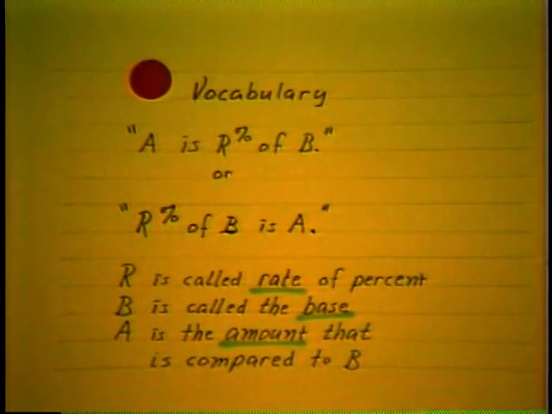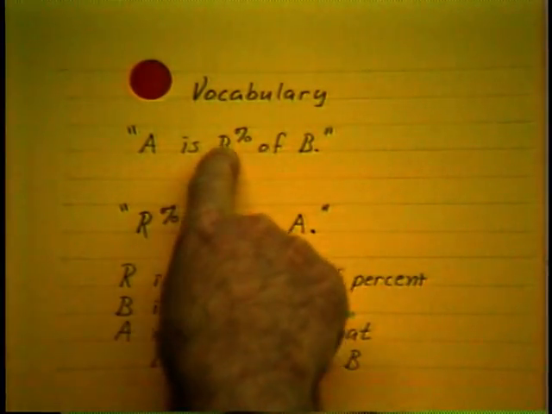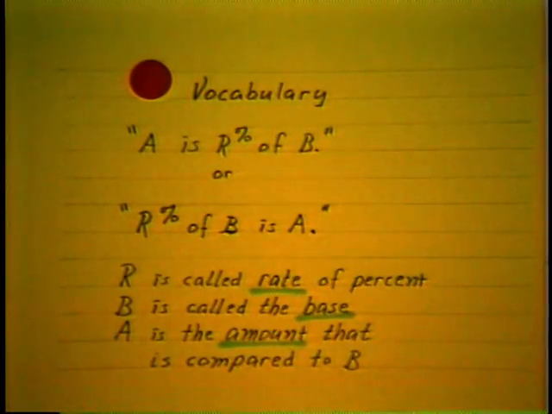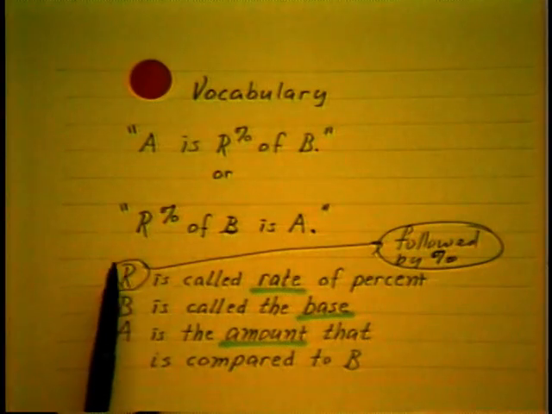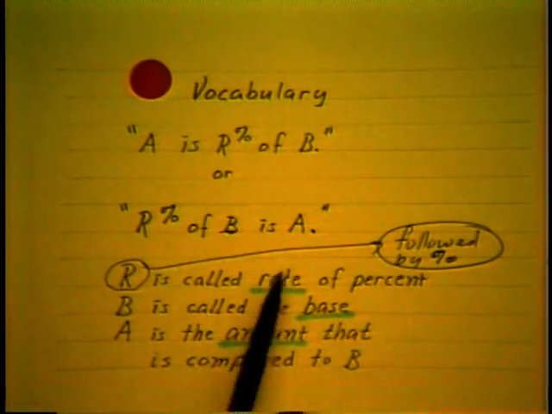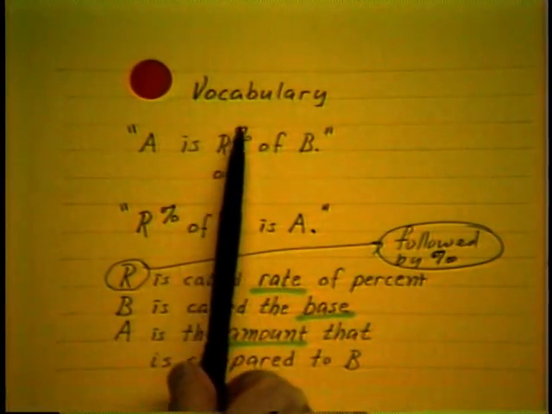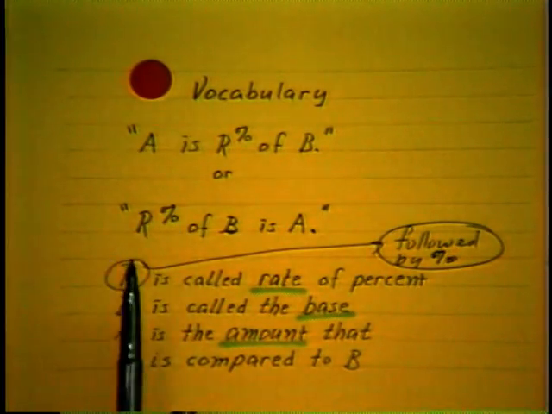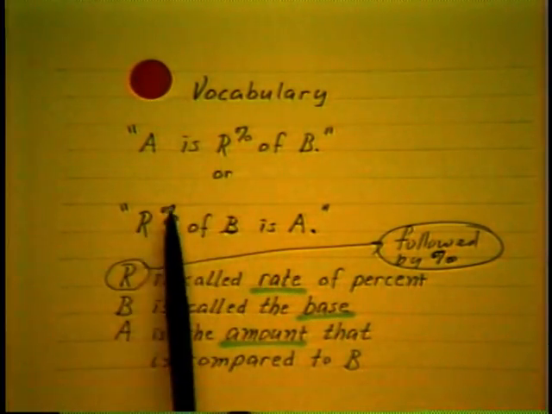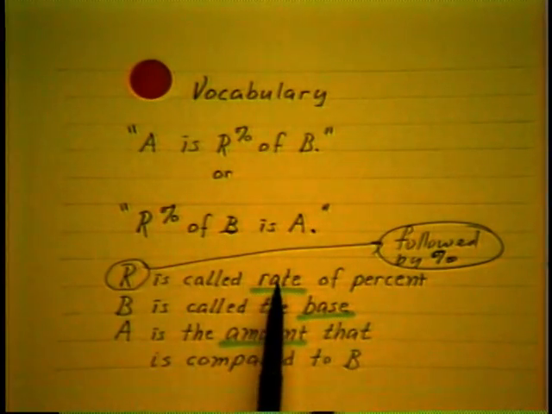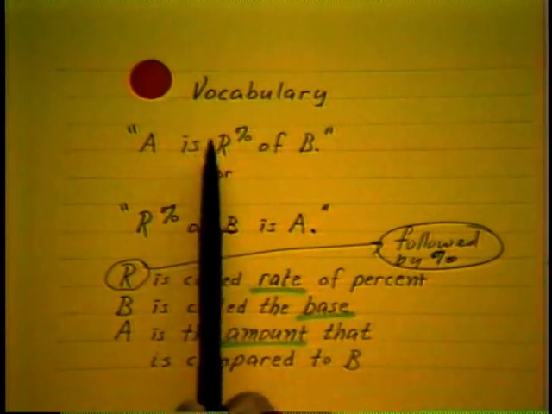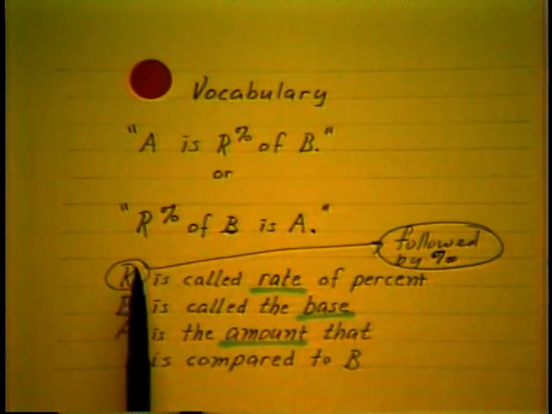Well, in business, the number attached to the percent we call the rate of percent. Notice in both cases, R, the rate of percent, is the number followed by a percent. So if you can remember that, the number followed by the percent is what business calls the rate of the percent. Hence our calling it R.